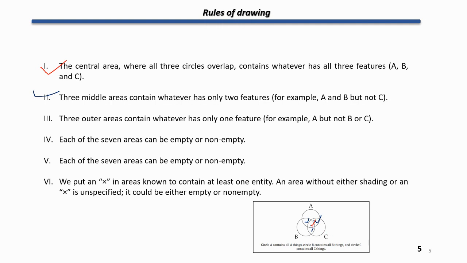Here A and C are there, and here B and C are there, not A. So these are the three areas. The other is three outer areas, which contain whatever has only one feature.